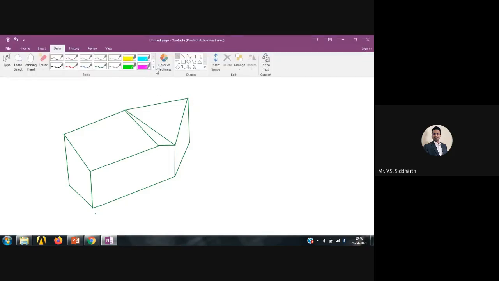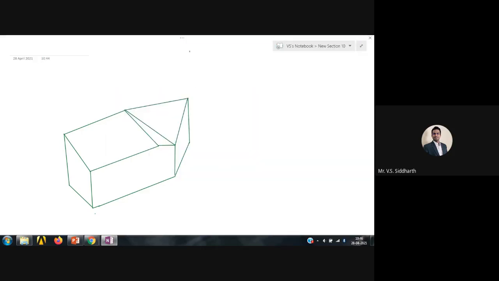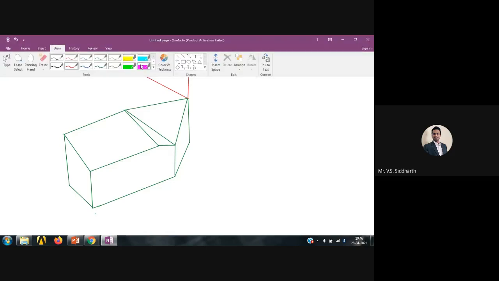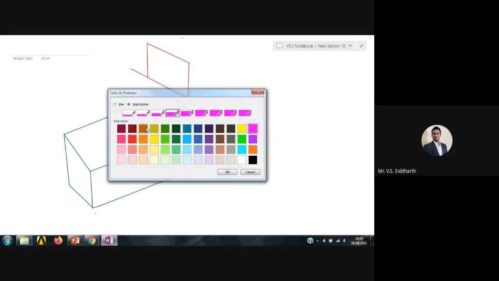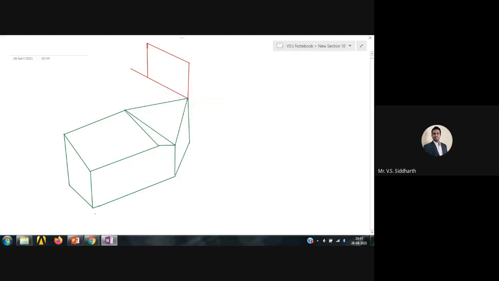I draw a plane which is something like this.